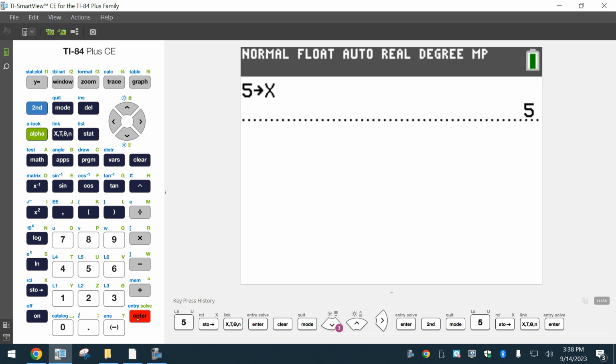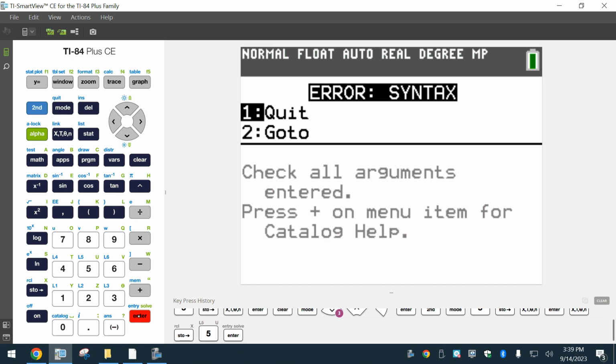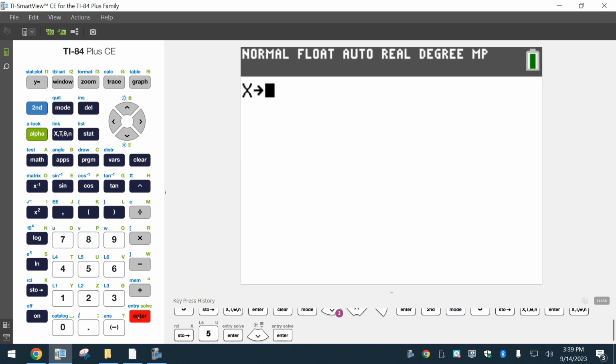If you try typing the x in first and did x store 5, it's going to give you an error message. And that just means you have to swap it around. Sometimes you forget. So we just hit clear. And again, you type the number in first, store it for what variable you want, which in this case is x, and then hit enter.